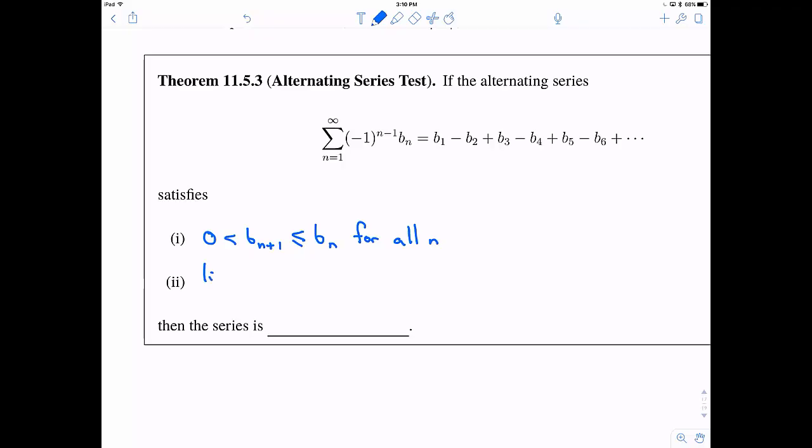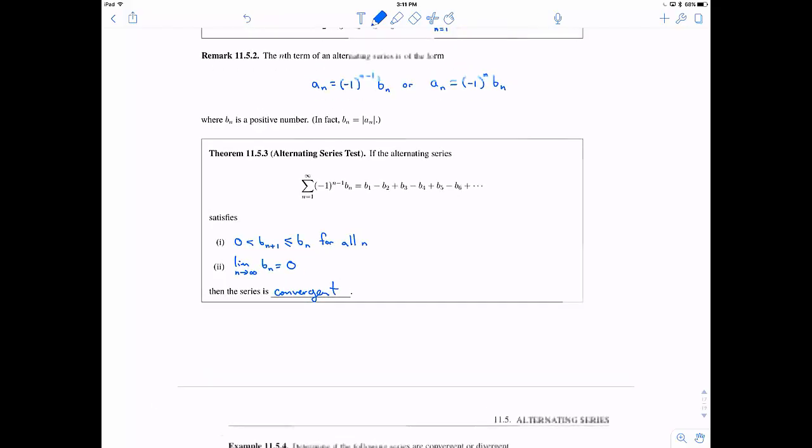And that the limit as n goes to infinity of these b_n terms is equal to 0, then the series is convergent. Okay, so decreasing and the limit approaches 0. Remember, b_n is just the absolute value of the a_n terms in this case.